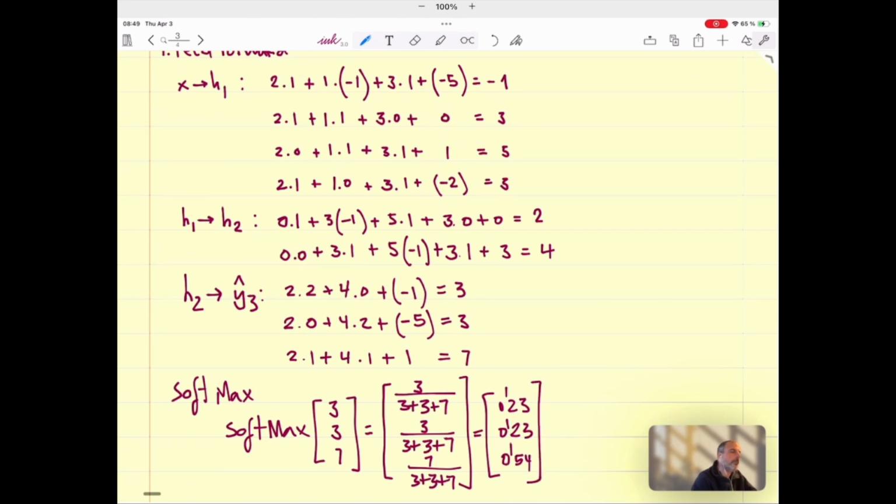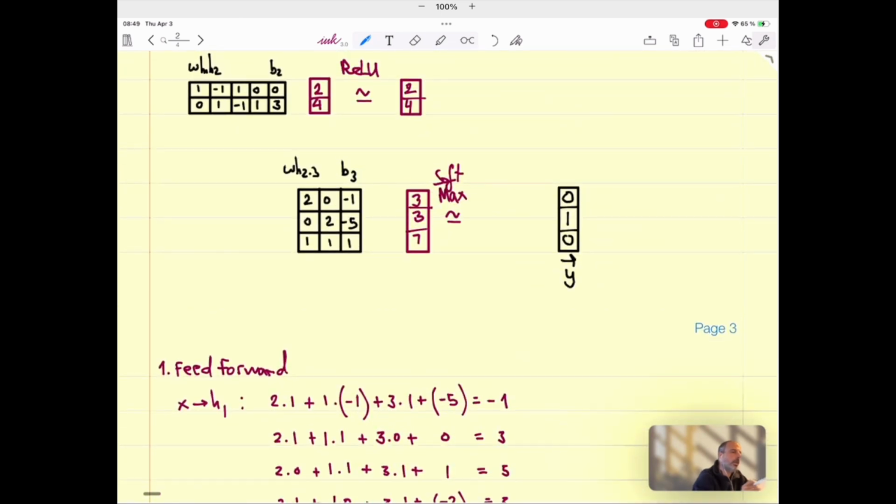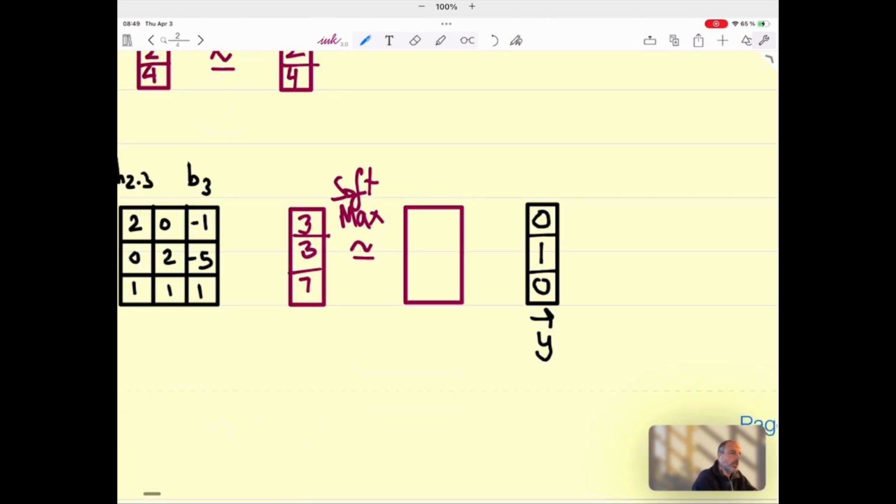This is the second step. We're still in the feed forward, but we apply a softmax. So when applying the softmax, we get special numbers, so not really natural numbers. We get real numbers.